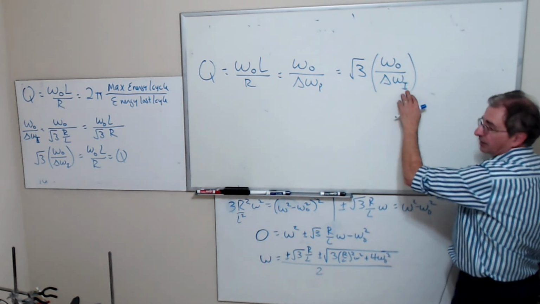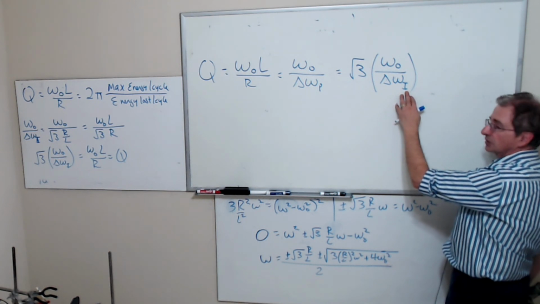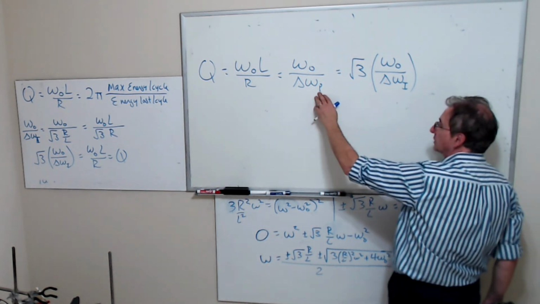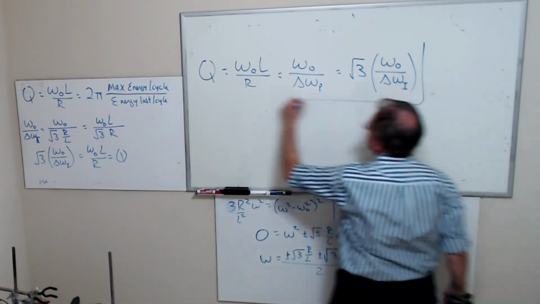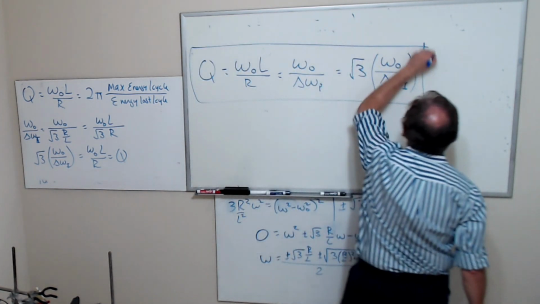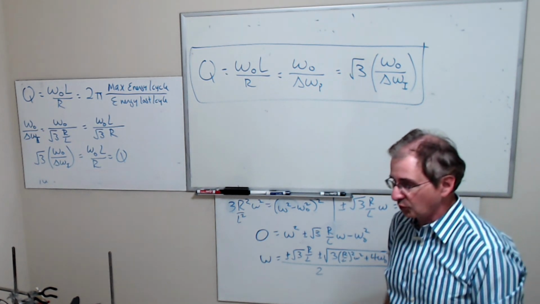That's why I have the I here. This comes from the current as a function of omega, and this comes from the power as a function of omega. And you have a question like this on your lab. That's why I went through this.